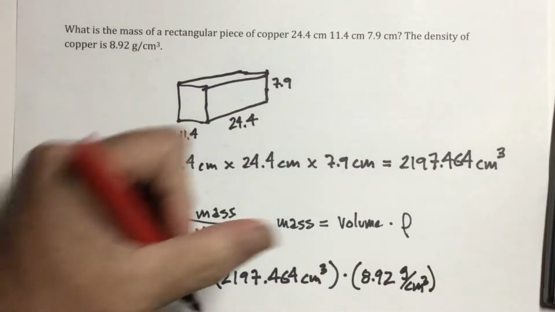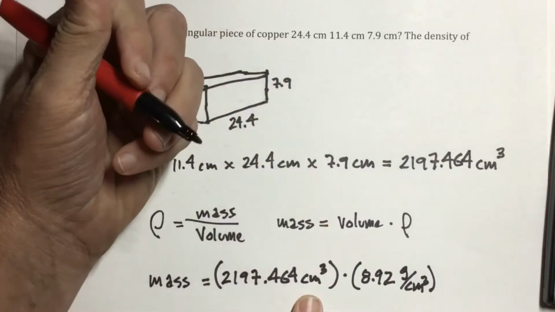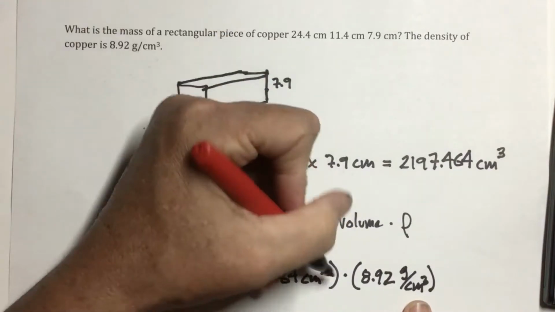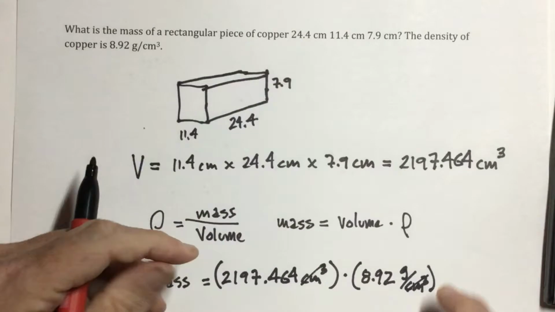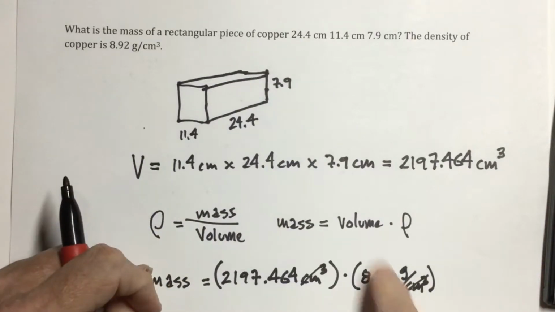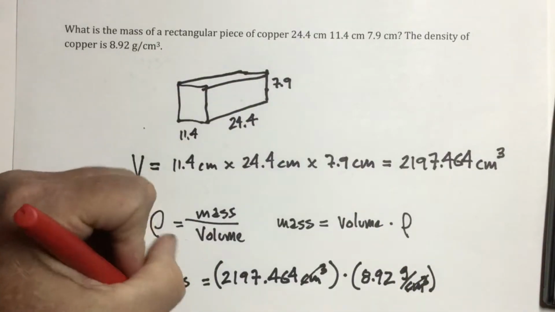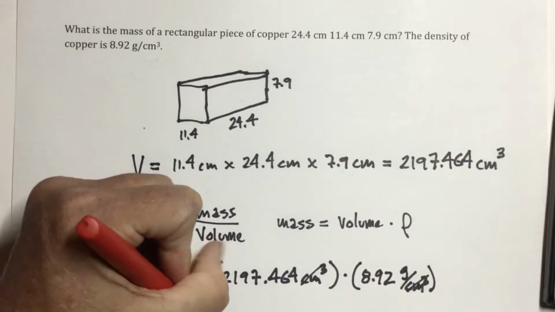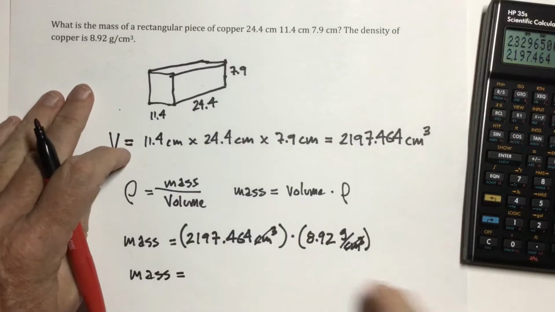Now, when we calculate this, note that the cubic centimeters here are in the numerator, and here it's in the denominator. They will cancel out, and we're left with grams, which is what we expect since we're finding mass.